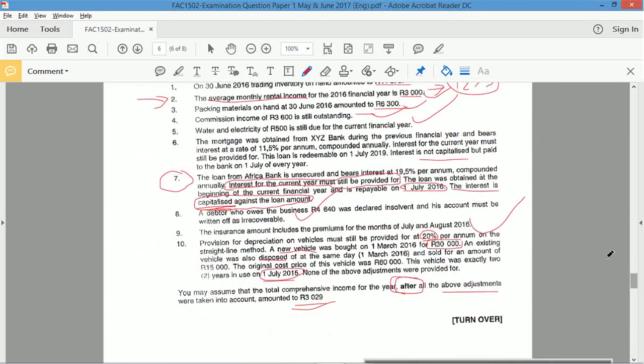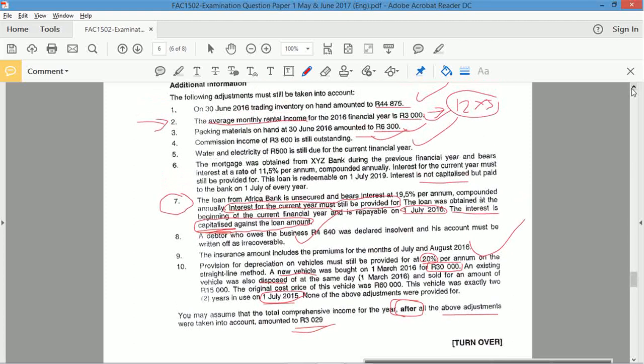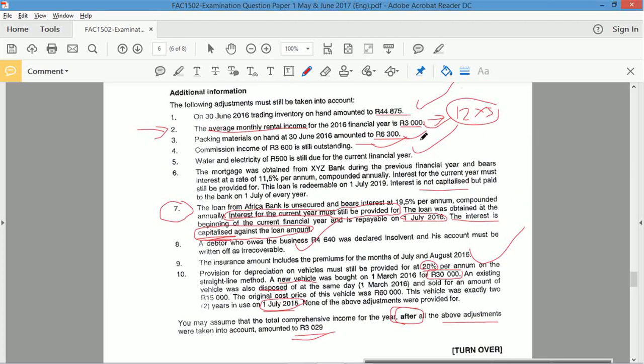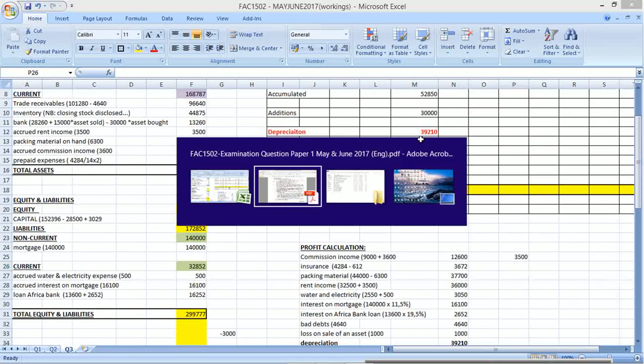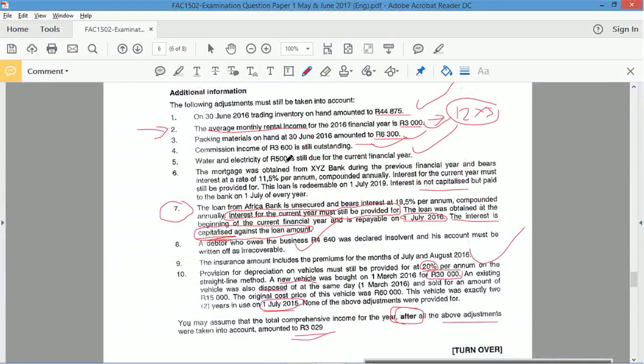Yeah, that's the only thing I think that could have been a consideration, because the rest was fine. Water and electricity, I did record water and electricity. Accrued water and electricity of 500, yeah.